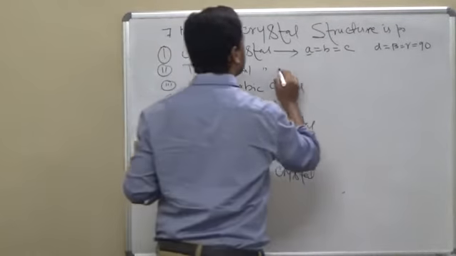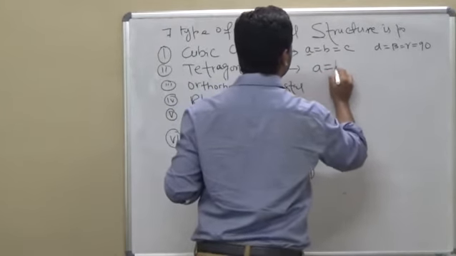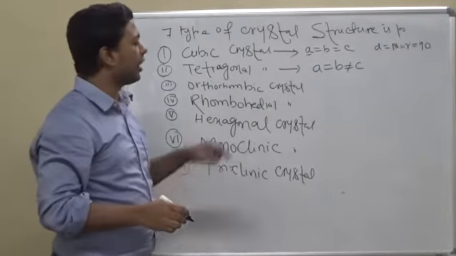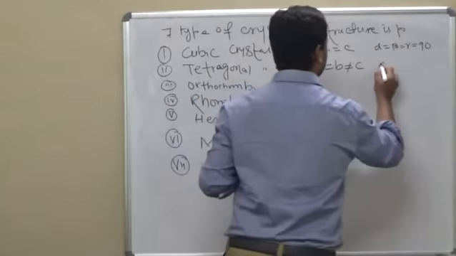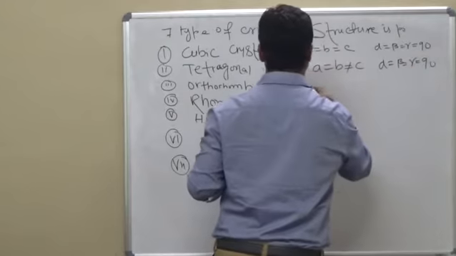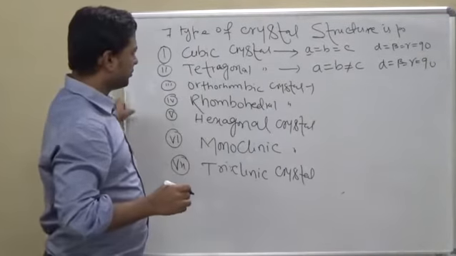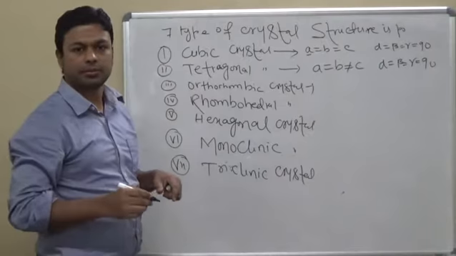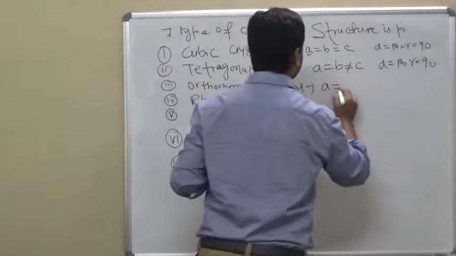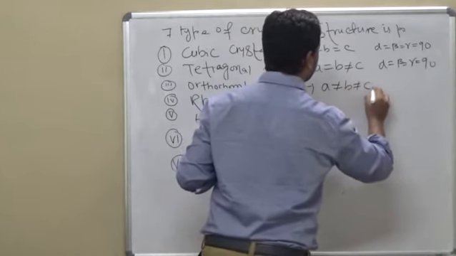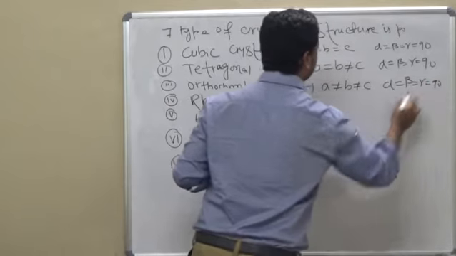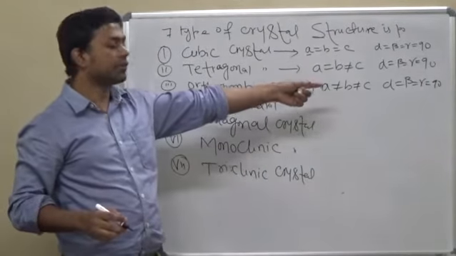In the case of tetragonal system, two sides are equal, third side is not equal, but all angles are 90 degrees. In orthorhombic system, all three sides are unequal, but all angles are equal to 90 degrees.